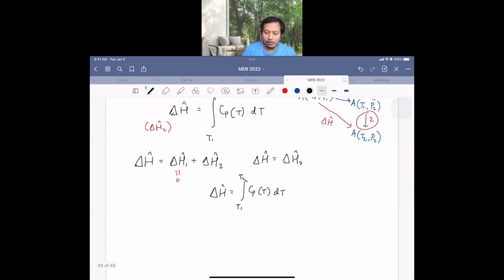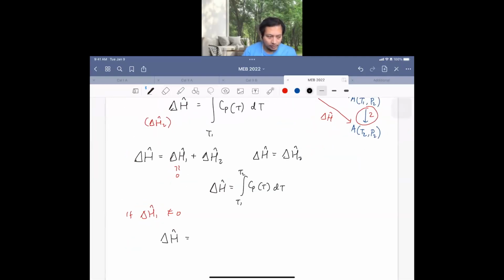Or directly we can write, if delta H1 is not 0, then perhaps this will be equal to the specific volume times delta pressure, plus the Cp dT term.